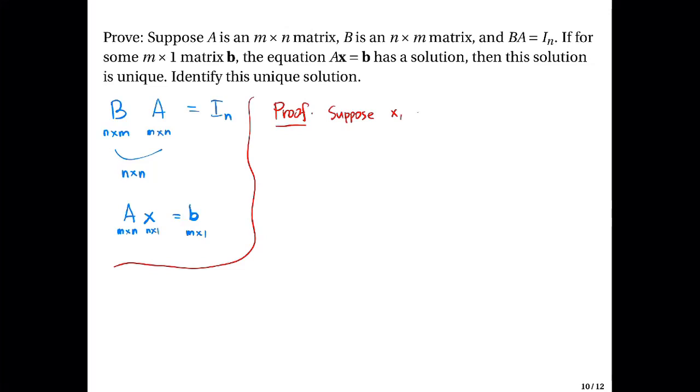Suppose X1 and X2 are solutions of the equation AX equals B. Then, of course, if they are solutions, the equation must be satisfied. So AX1 equals B, AX2 is also equal to B.